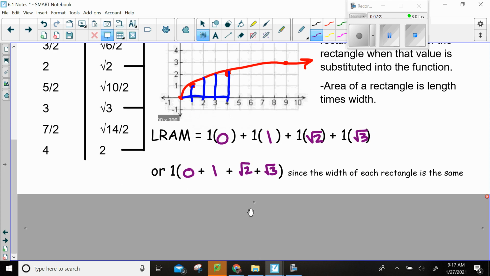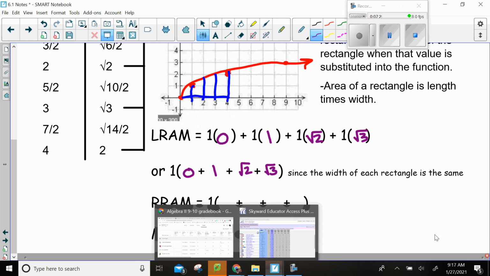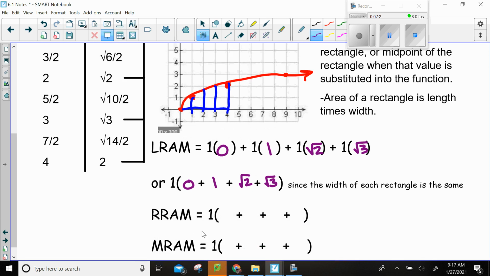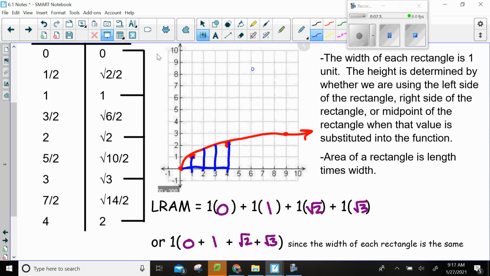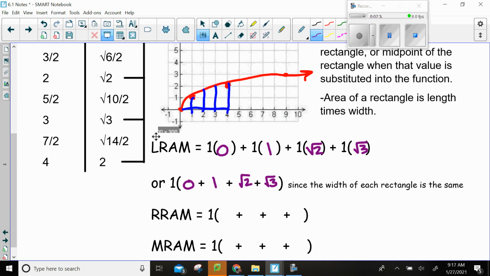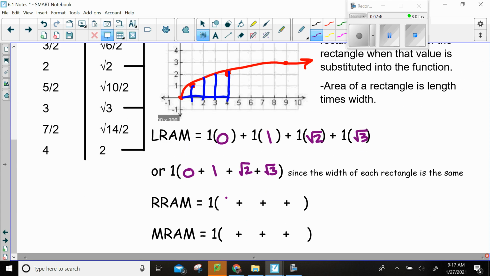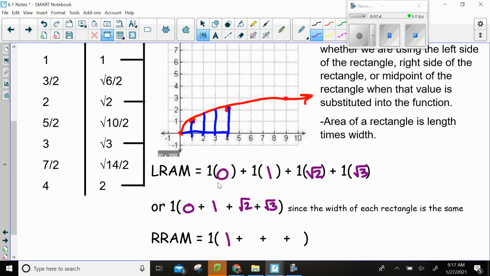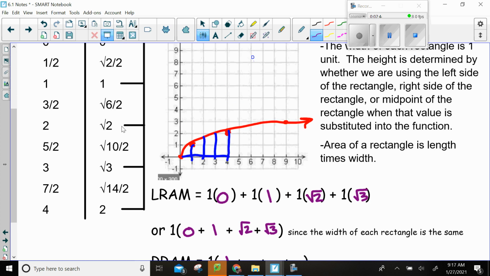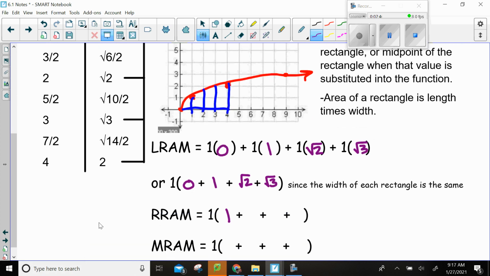If we are doing the right side, I'm going to simply do the same thing. My width is still the same, but now I'm looking at the right side of the rectangle. So for this first rectangle, which is here to here, my right side height is 1. My right side height for the second one is square root of 2.